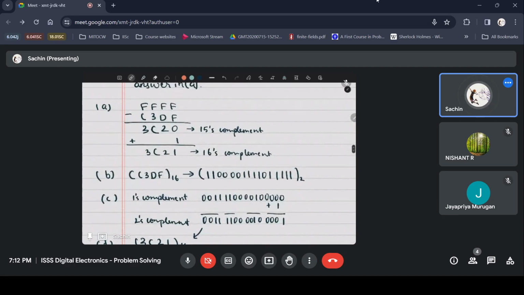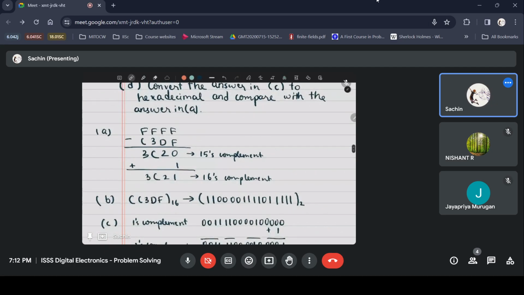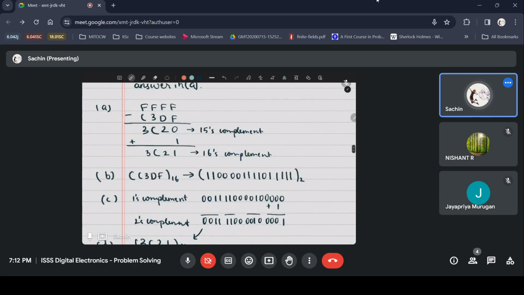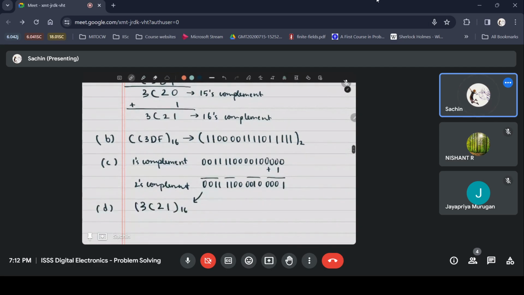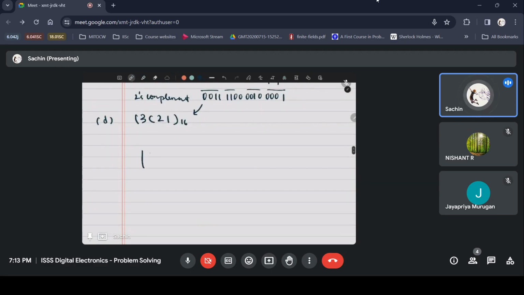So you can see that finding the 16th complement in base 16 will give you the same result as finding the 2's complement by converting that number into base 2. And this kind of works out nicely because 16 is a power of 2 itself. So this type of thing should work with other powers of 2 also. It should work with octal. I haven't tried, so you can take that as homework.